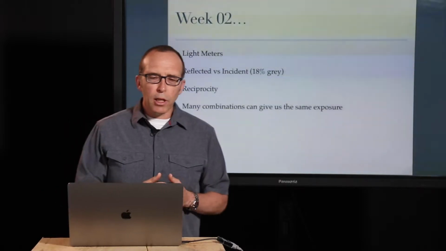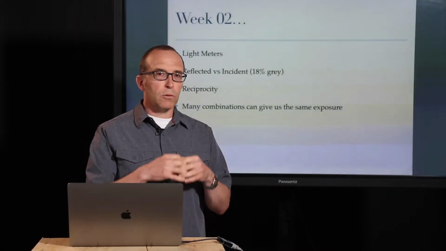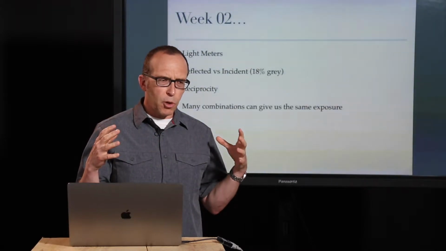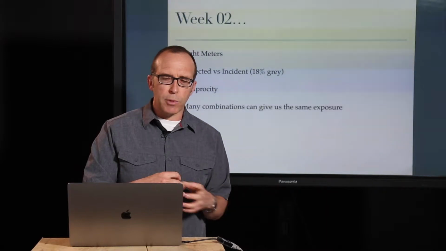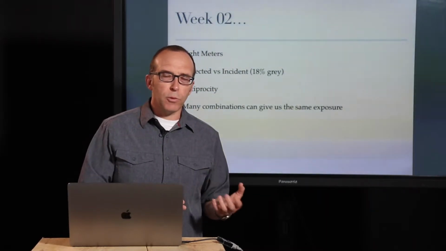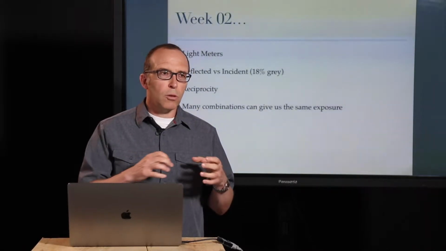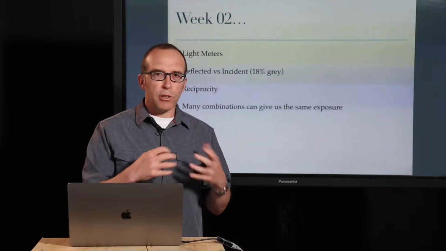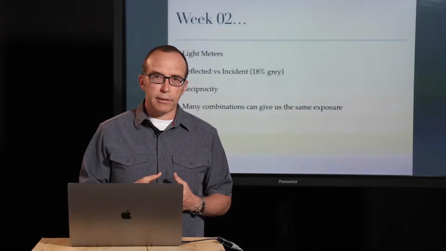So this week, we're going to continue this whole concept of exposure. Last week, we talked about getting light into a camera and controlling how much light gets into that camera. Well, how do we know how much light we need to have enter the camera in the first place? How do we know what aperture and shutter speed settings are going to allow the right amount of light to get in?